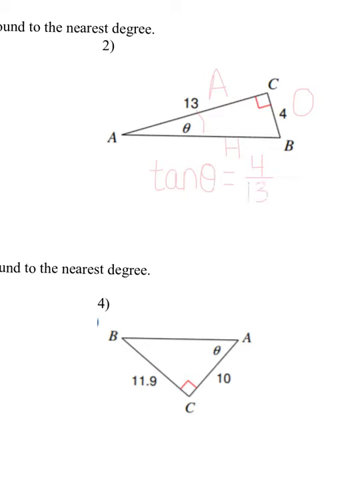In the calculator, you're going to hit second, tan, 4 divided by 13. So you're going to get theta equals 53. Just to clarify, your calculator is going to look like this. It should say tan negative 1, and then it should be 4 divided by 13. And that's going to give you 53.